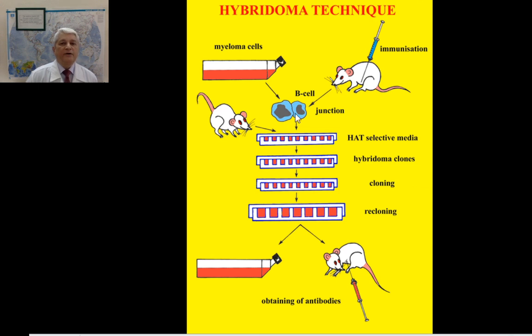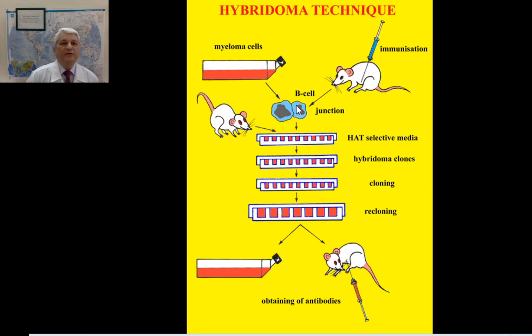Finally, as we used a lot of cells, we have many hybrids, and also some B cells which were not fused, and some malignant tumor cells which were not fused and after this fusion are still living separately.